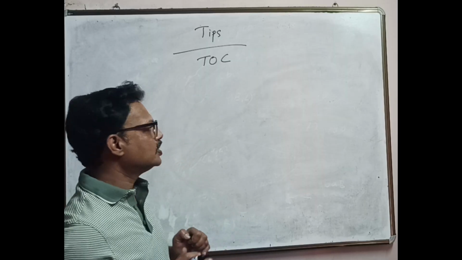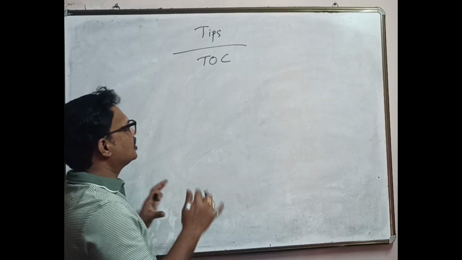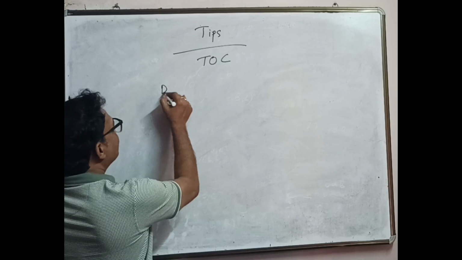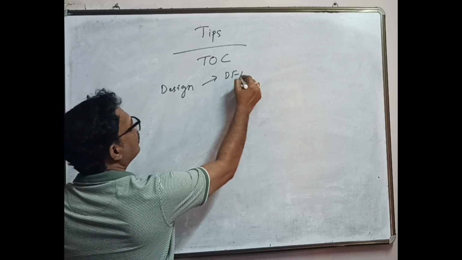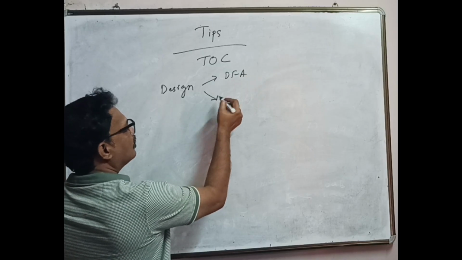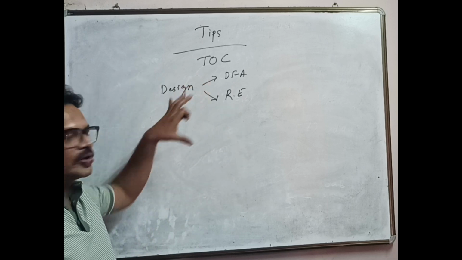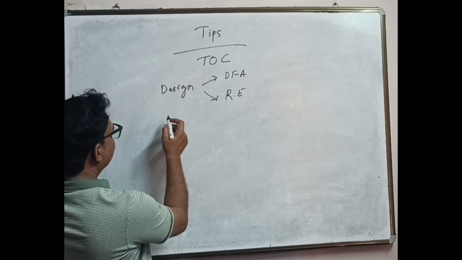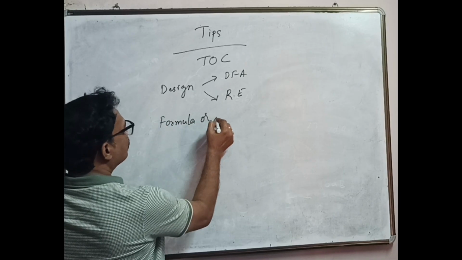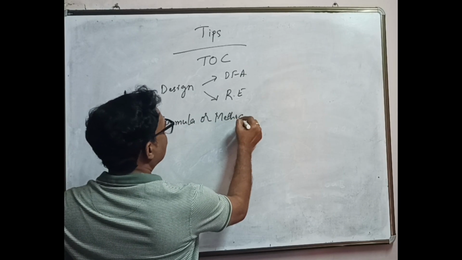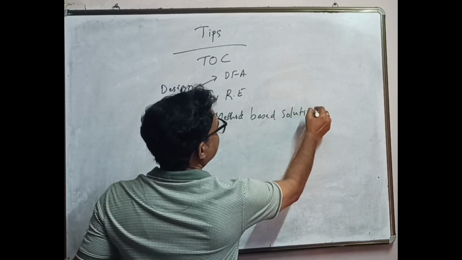Now what you do is, from my point of view, there are mainly major concepts that we have: designing of DFA, designing or writing regular expressions. This is one part, okay. Then we have few formula or method based solutions.